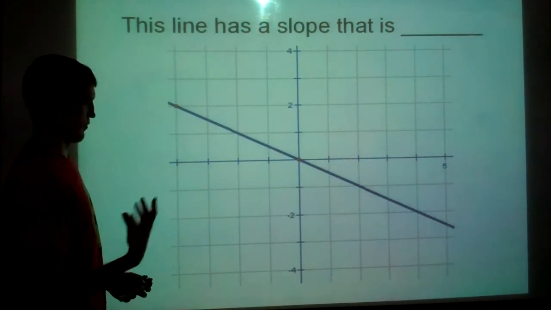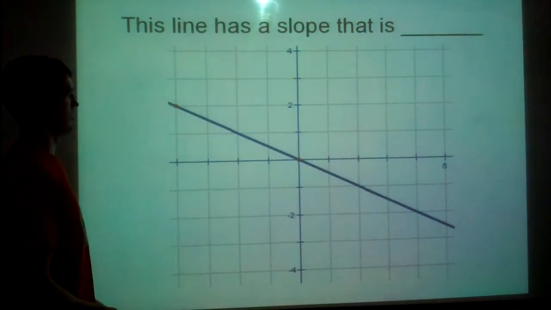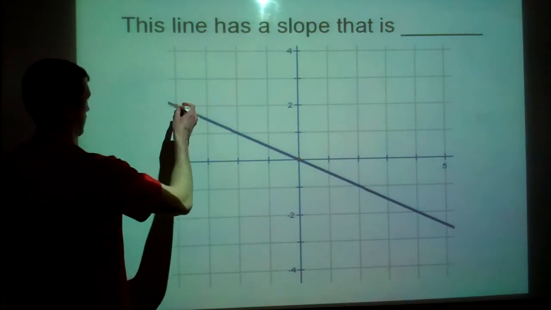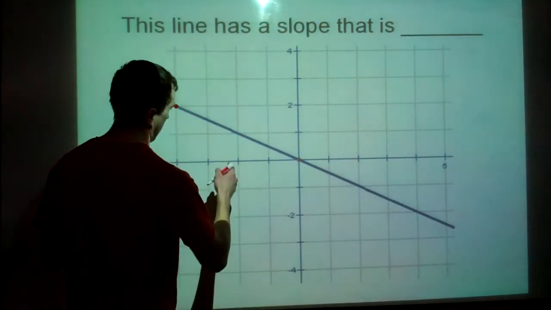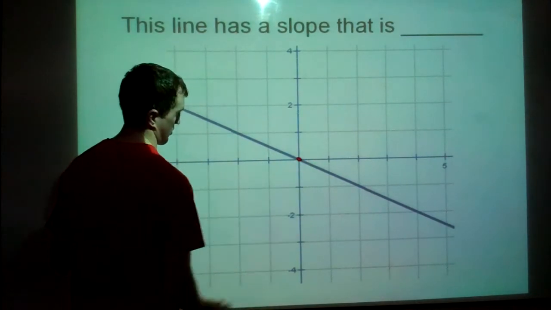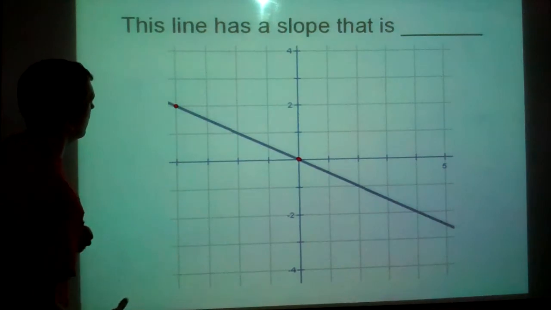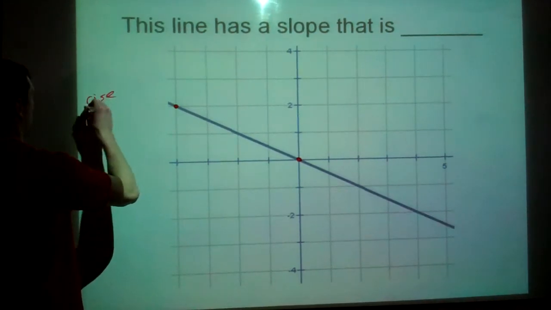And just for fun, we'll do this one and then I'll be done. But let's find the slope just so that we have that extra practice on the camera here. So there's a point there, and there's a point here, a point here. I'm going to choose these two because those are the ones I have labeled. So let's figure it out. Rise over run.